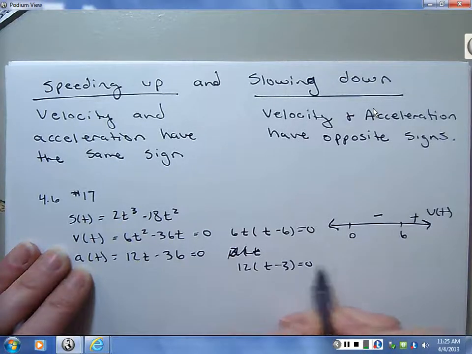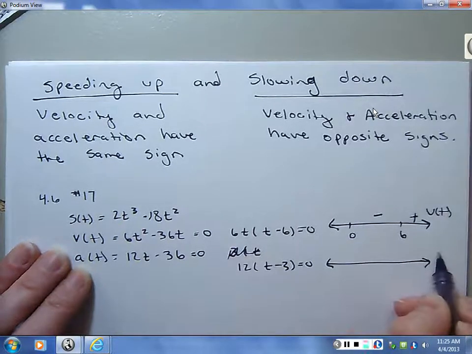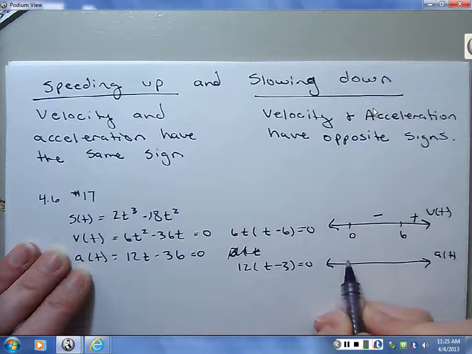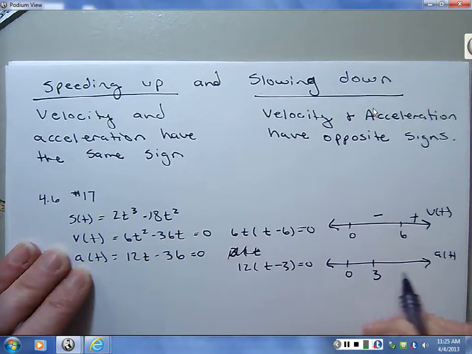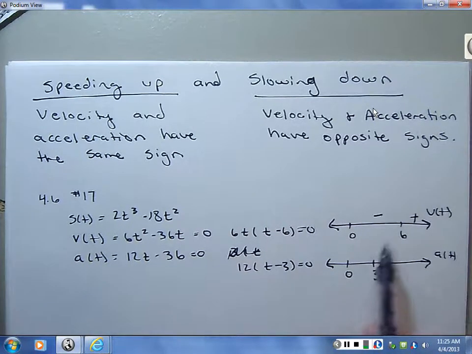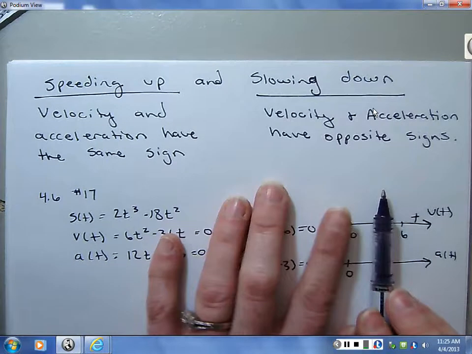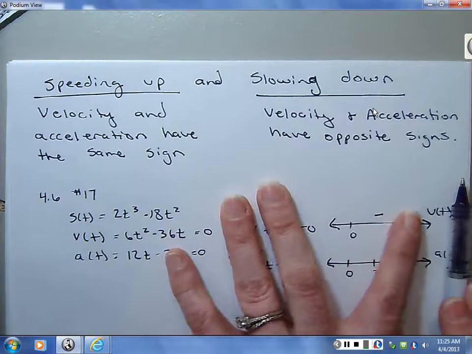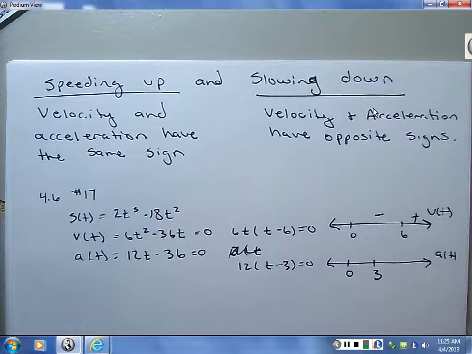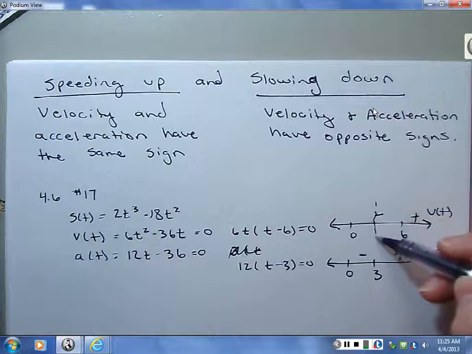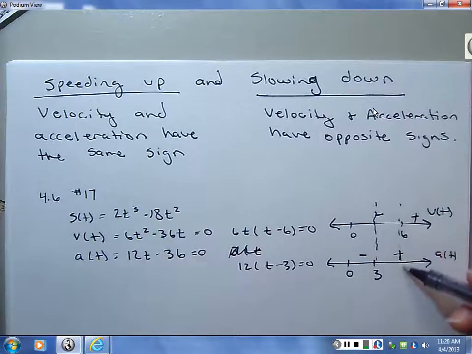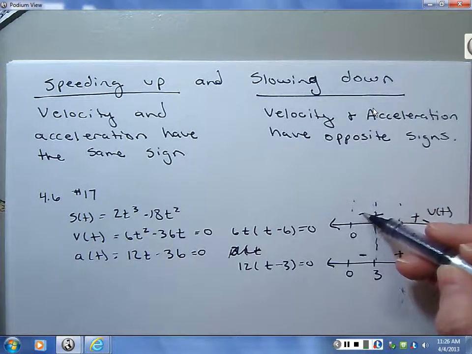So for the acceleration function, 0 to 3, I like to write these number lines right on top of each other, so then I can see what the sign is here and here. This would be negative, this would be positive, and this would be negative as well.